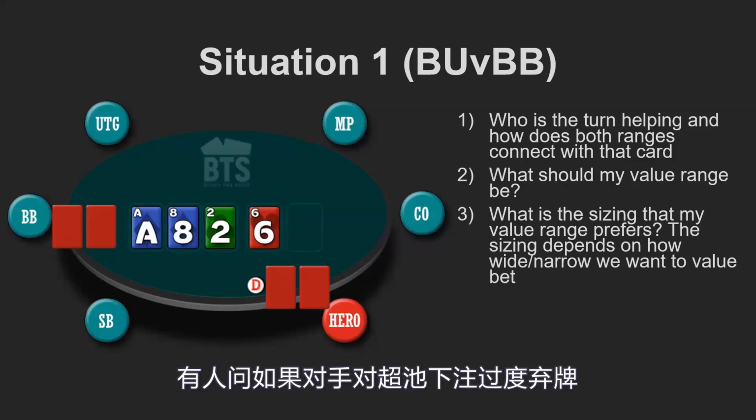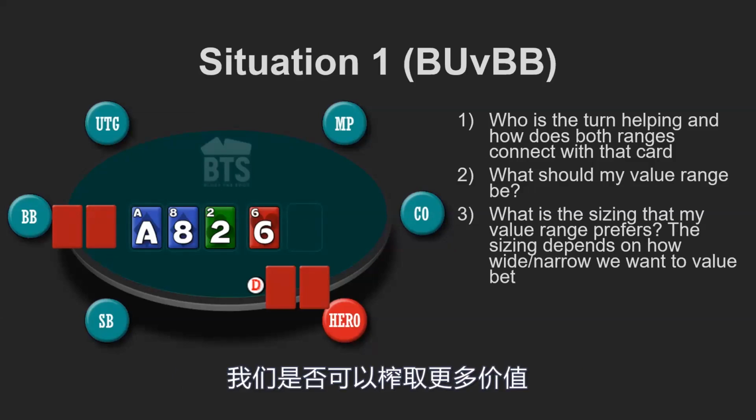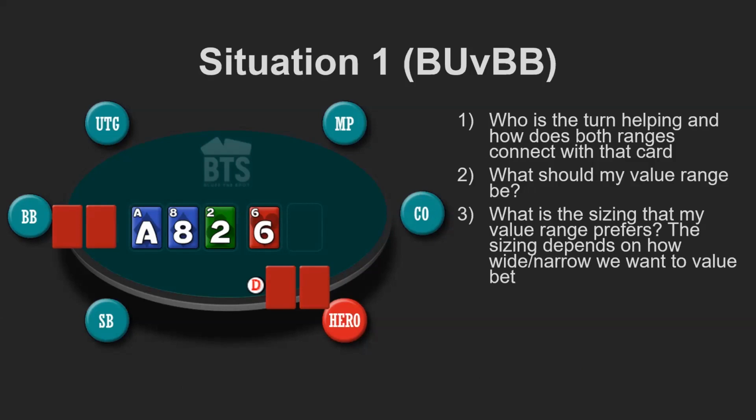Okay, if people overfold to overbet, do we not overbet so we can extract more value? That's a really good question, Alfred. Exploitatively, we're always talking about a default strategy, how we should approach certain situations.